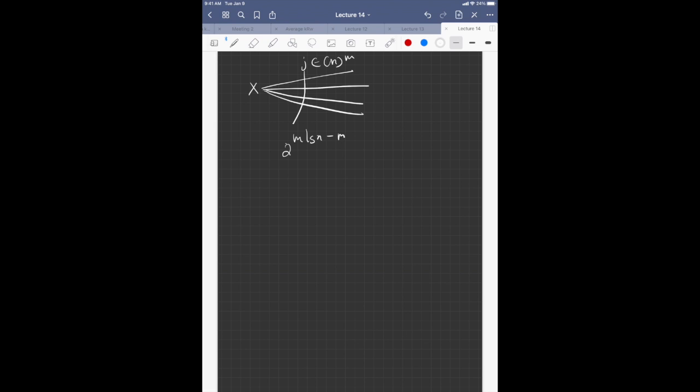Now we have lost a 2 to the minus m fraction. So the total information revealed on j1 to jm given this particular x is about m bits. This is from our intuition that whenever we reduce a set by some 2 to the minus k, that's equivalent to revealing k bits of information.